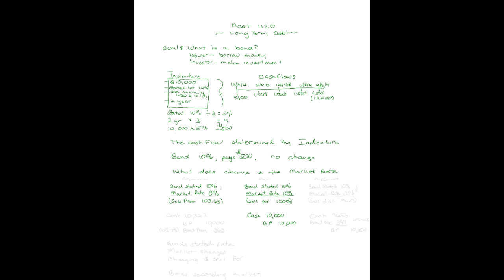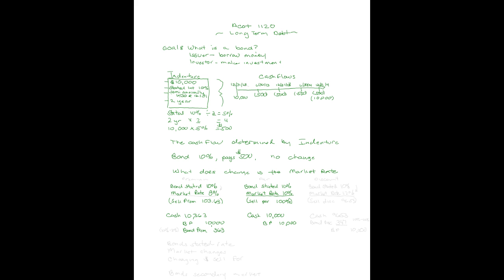You can times that by the face amount of the bond, and that's how much cash you're going to get. So we're going to get cash in the amount of $10,363, and we're going to issue a bonds payable in the amount of $10,000, and you always record the face amount of the bond, bonds payable, and then I'm going to set up a bond premium in the amount of $363.